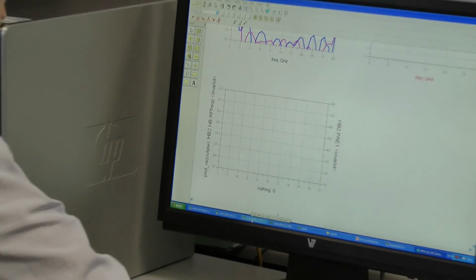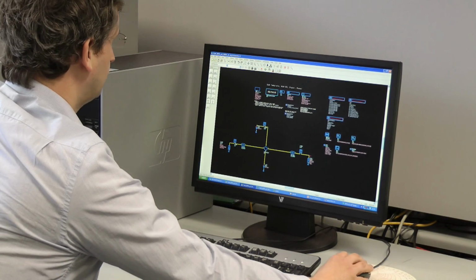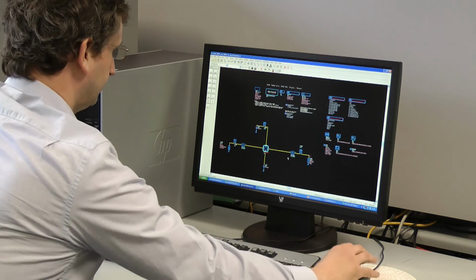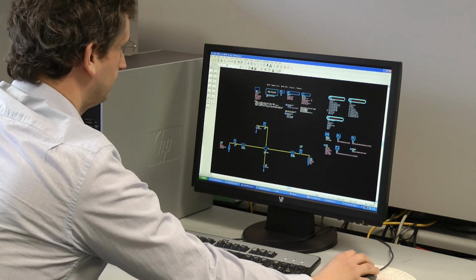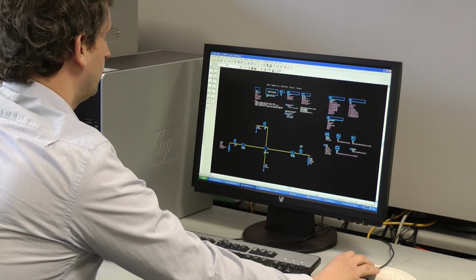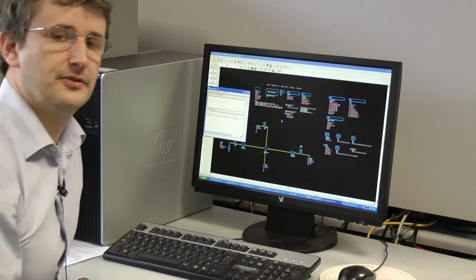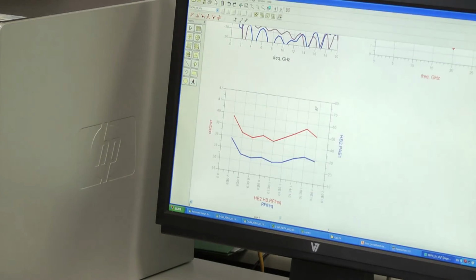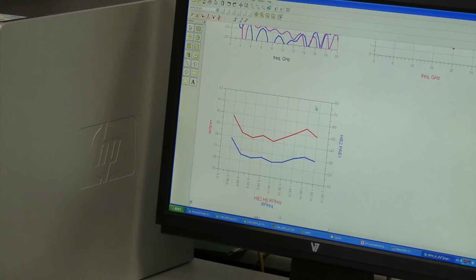We'll now configure the test bench for large signal performance. The simulation takes around 45 seconds. Okay, the simulation is finished.